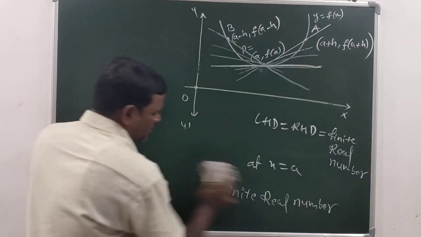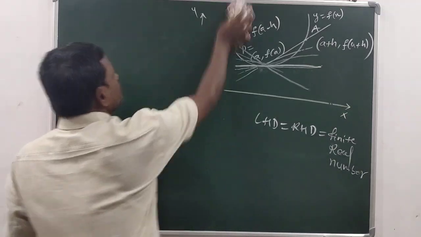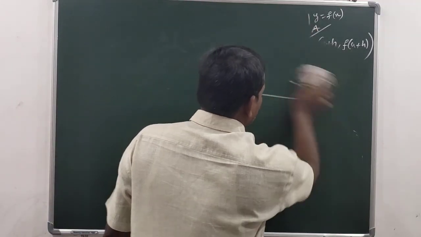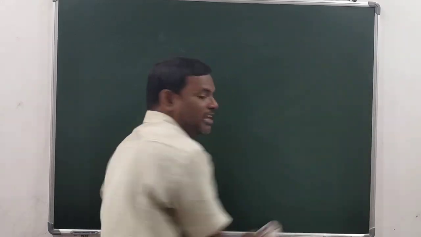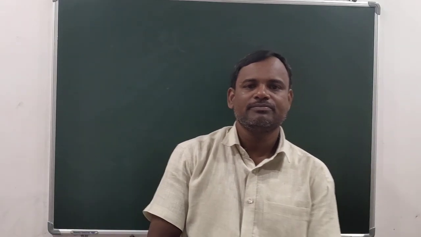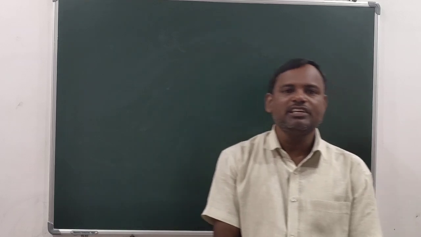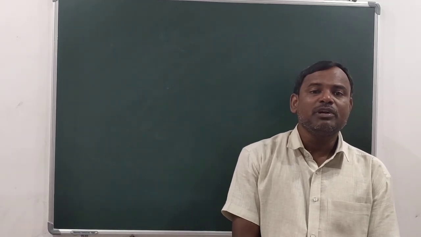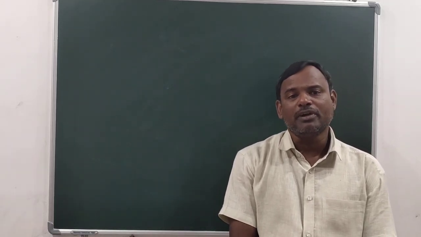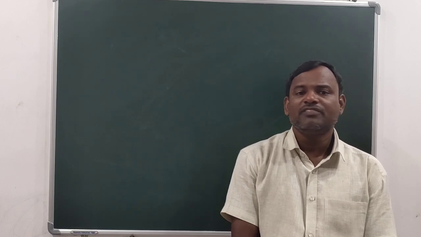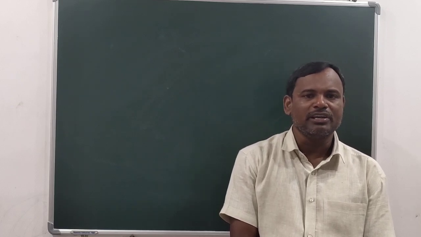Right. Now, when is that function not derivable at x equal to a, tell me. Till now what did we discuss? Differentiability of a function at a point. When we have to say that function is differentiable at x equal to a.